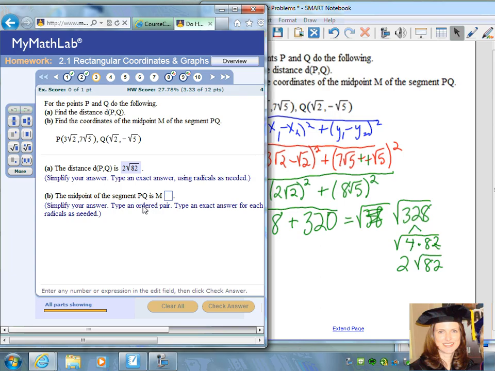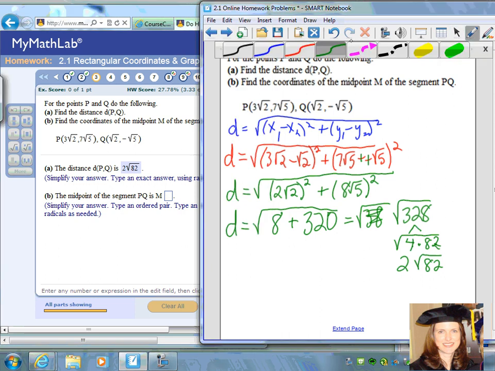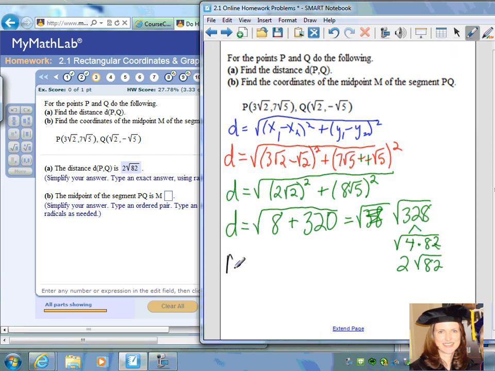The second part of this question is to find the midpoint. Using the midpoint formula, I'm going to use the letter M for midpoint. We add the x values, x1 plus x2, divide by 2, add the y values, and divide by 2.